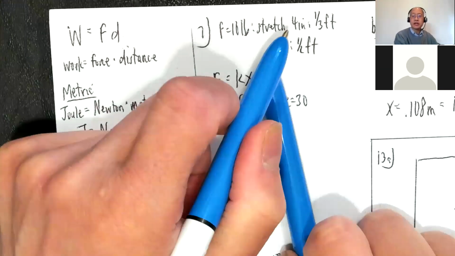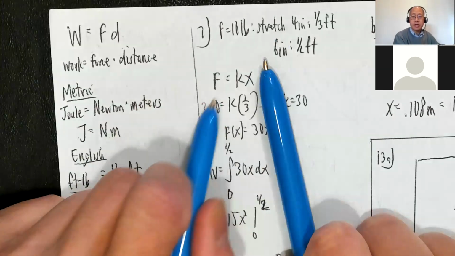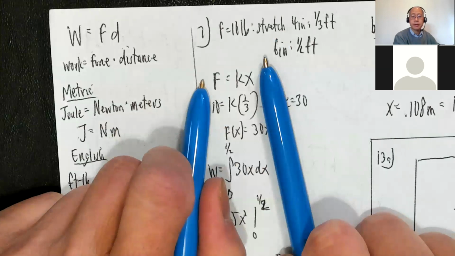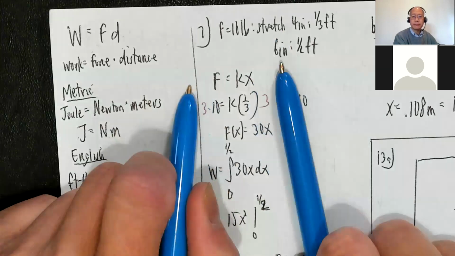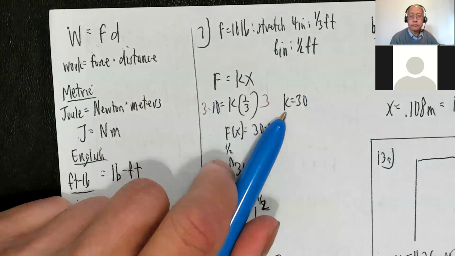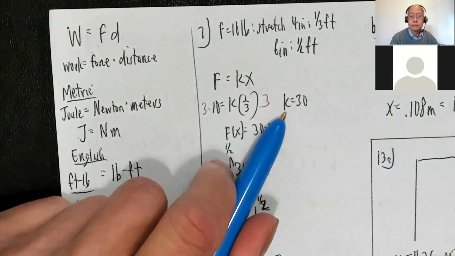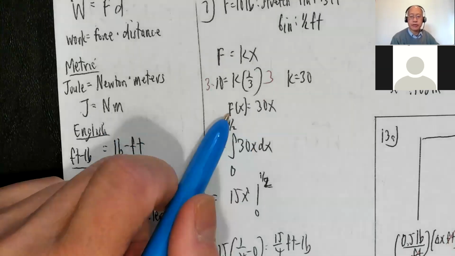So it said 4 inches, it's 1/3 of a foot, right? So 10 is equal to K times 1/3. Plug in 10 here, 1/3 here. And then I multiply both sides by 3. Tells me K is 30. So f of x is equal to Kx, f of x is equal to 30x.